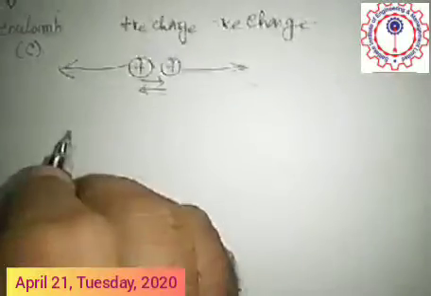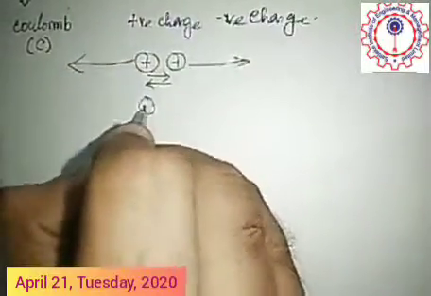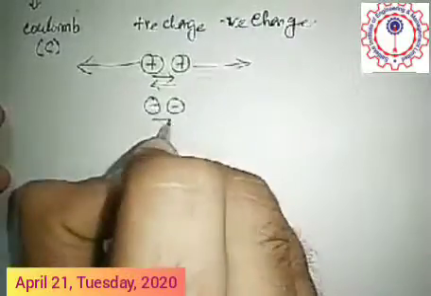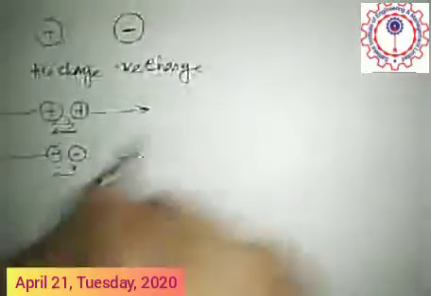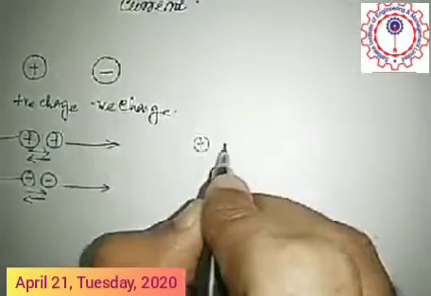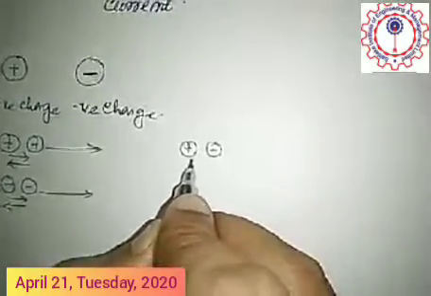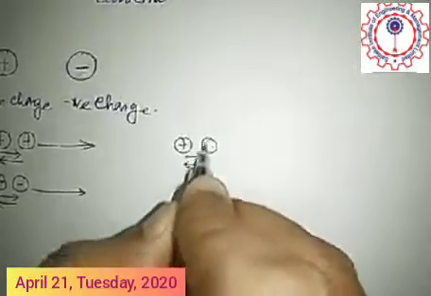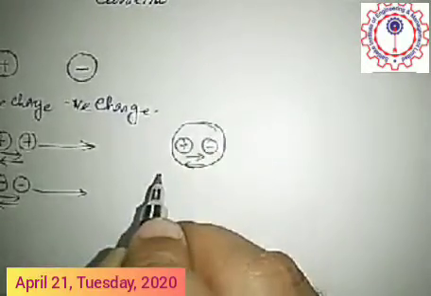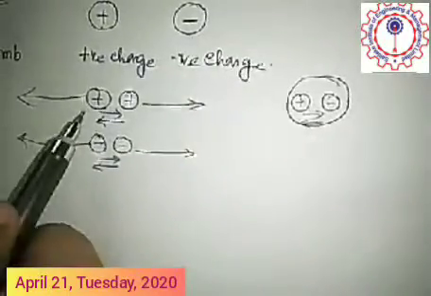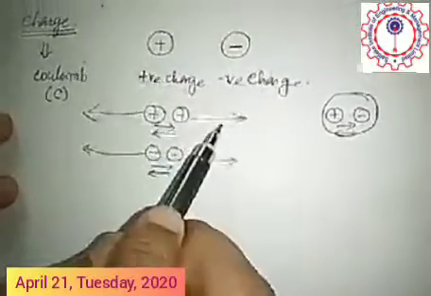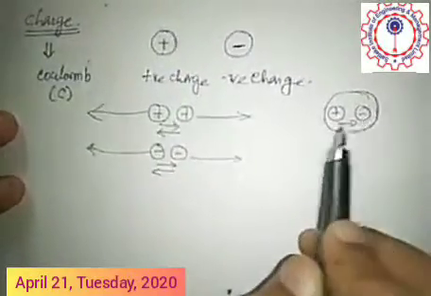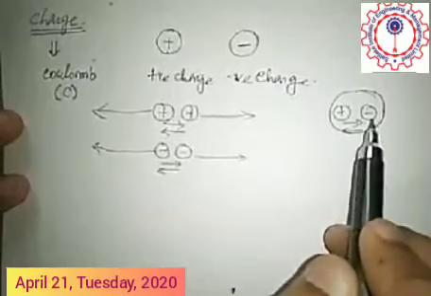Similarly, if two negatively charged particles are coming close to each other, they will also be repelled. But if one positive charge and one negative charge are coming close to each other, they will attract each other. So that's why you get a conclusion here: same charges will repel each other, and different charges will attract each other.